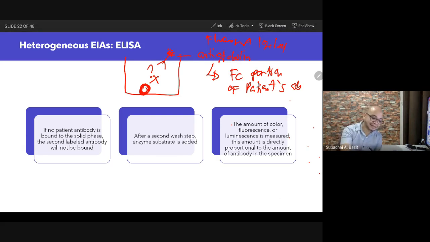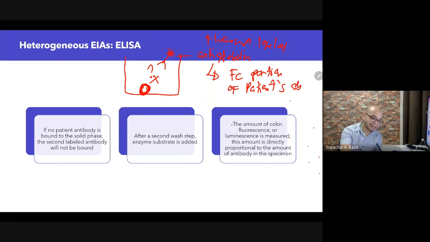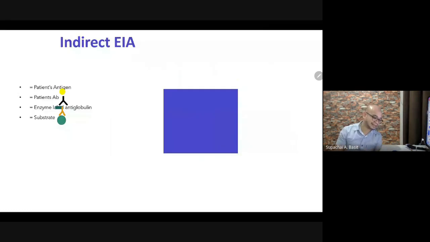So the more intense the color or luminescence, the greater the amount of patient antibody.